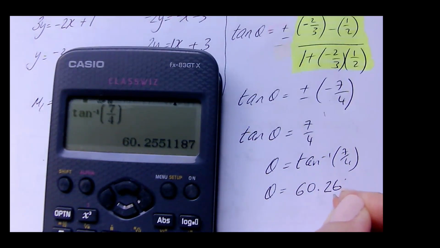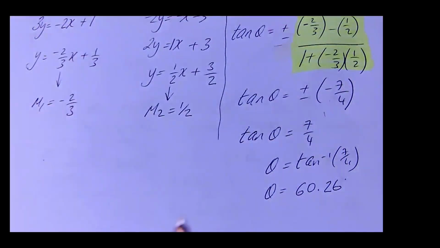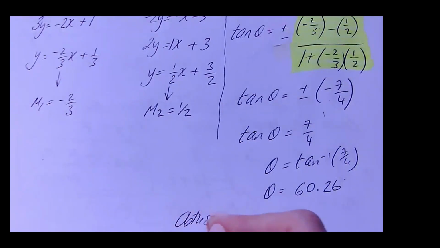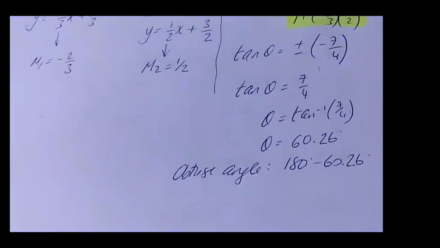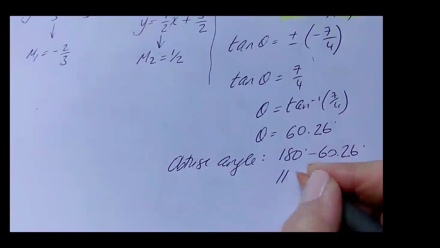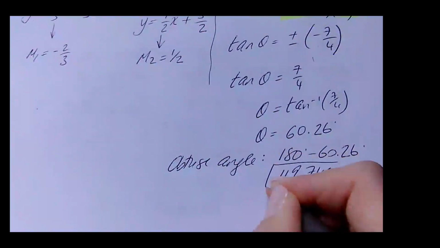I'll go with more accuracy rather than less. So that is the acute angle to 2 decimal places. I, of course, need the obtuse angle. So that's going to be 180 minus 60.26, and that is 119.74 degrees.